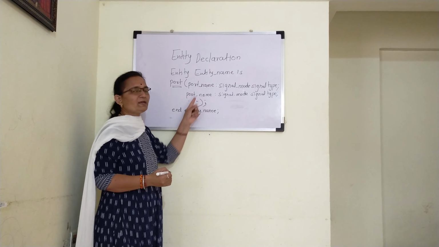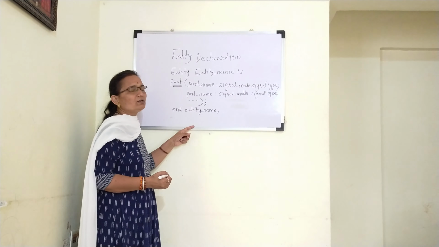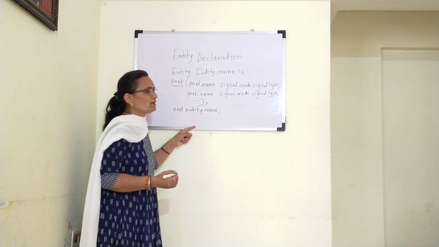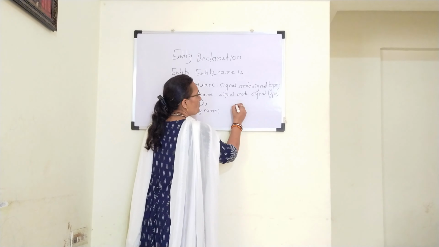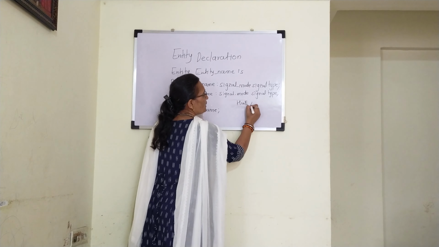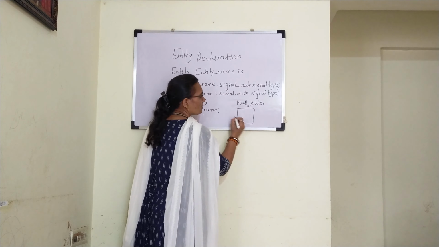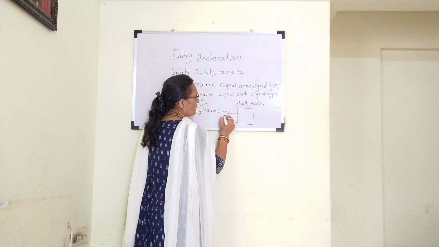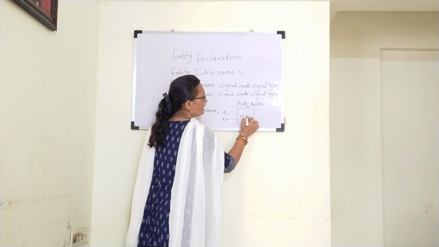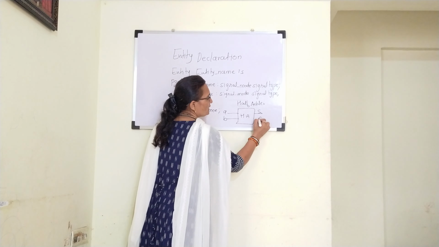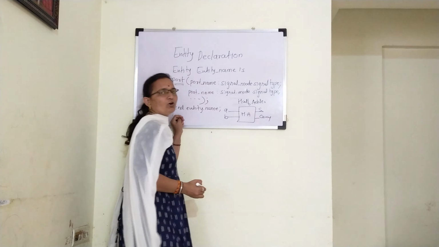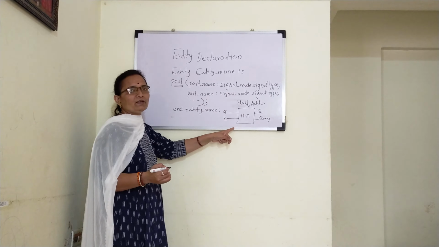I will take a very simple example: I want to mention the entity for the half adder. So for a half adder, take this block. These are your inputs A and B. This is your half adder, and sum and carry are the outputs.